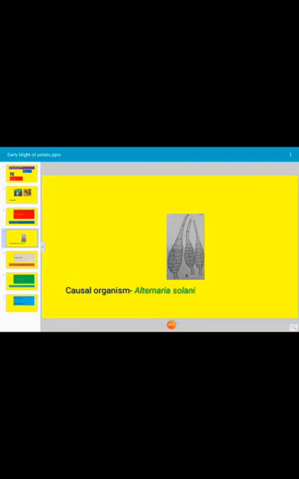Let us see the structure of the Alternaria solani fungus which causes early blight disease of potato. The fungal body, that is fungal threads, is known as mycelium. Mycelium consists of light brown hyphae, many hyphae together known as mycelium. The hyphae are septate.